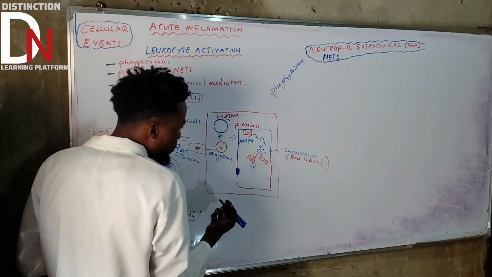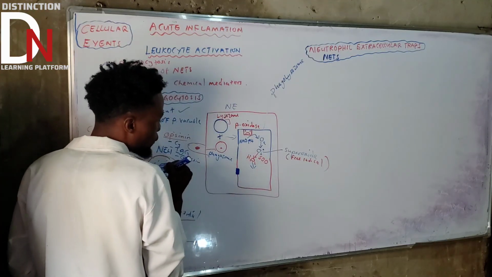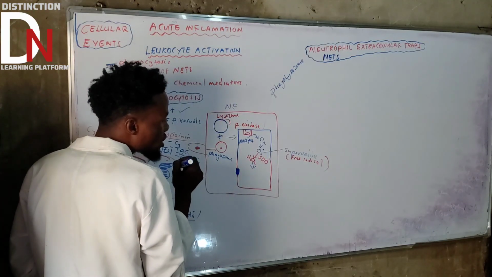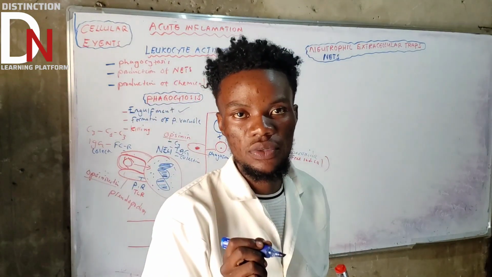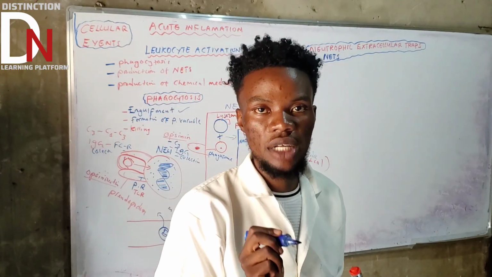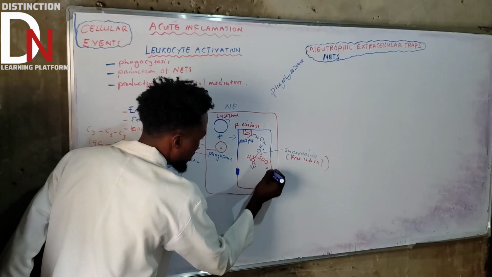If you remember, this is a neutrophil. This neutrophil has what we call eosinophilic type of granules. So let's say these are eosinophilic granules.